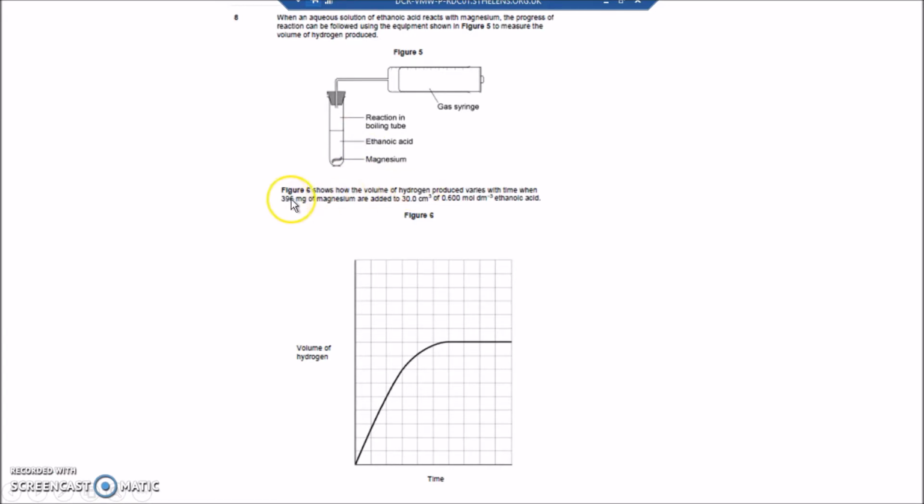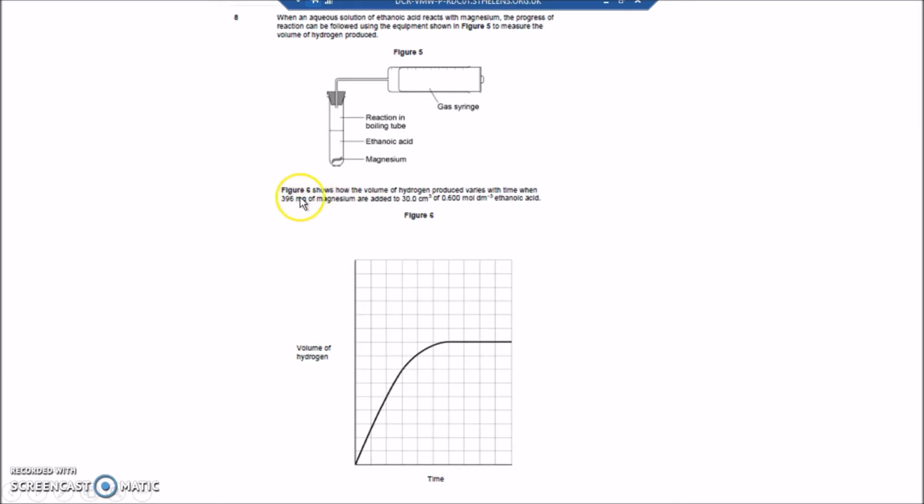We're given 395 milligrams of magnesium, and we know magnesium, Mg, has got a mass number of 24. So we've got its Mr, 24, and we've got 395 milligrams. We can convert that into grams. Going from smaller into larger, we divide by 1,000, that's 0.395 grams of magnesium.